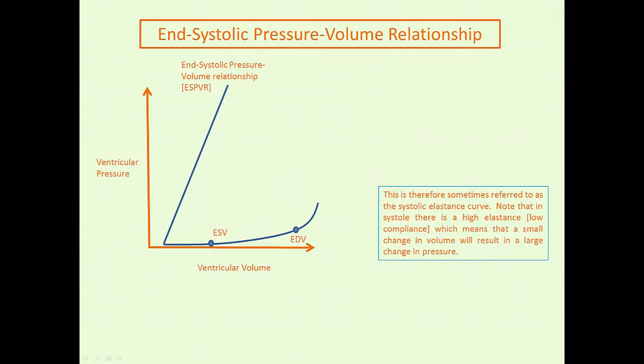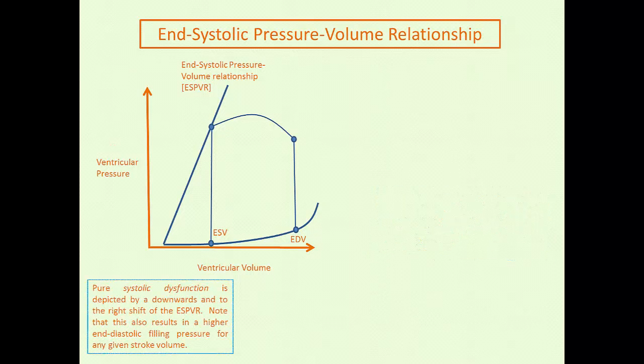And you can see that in systole there's a very high elastance, which is a low compliance. So if you compare the slope of the end-systolic pressure-volume relationship to the slope of the end-diastolic pressure-volume relationship, you'll see that the elastance is quite different. And this means that a small change in volume will result in a large change in pressure.